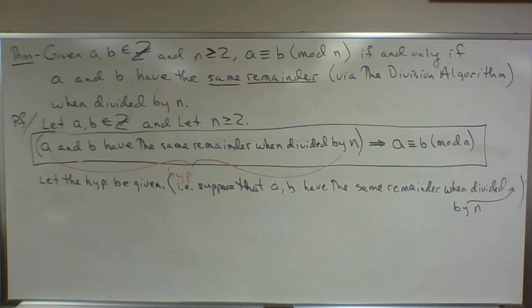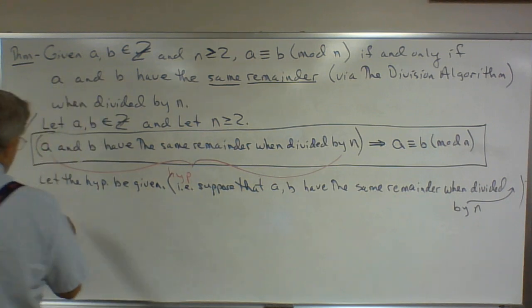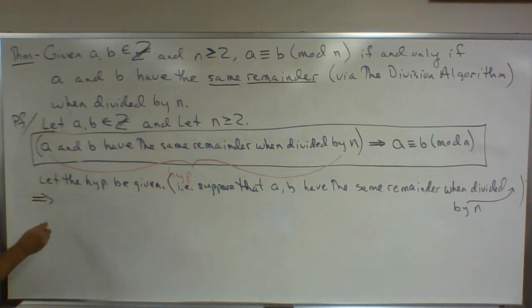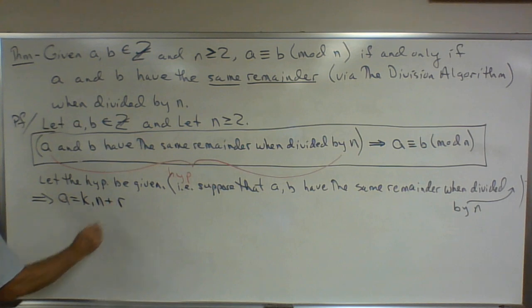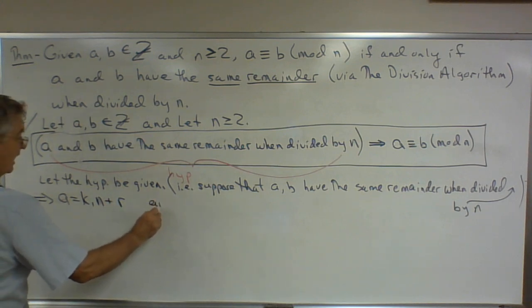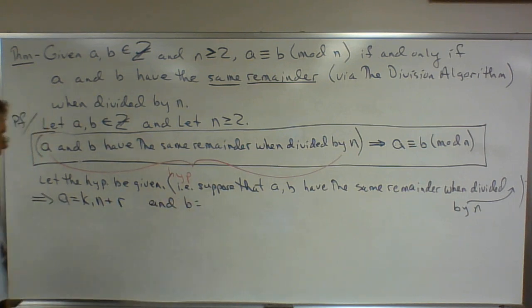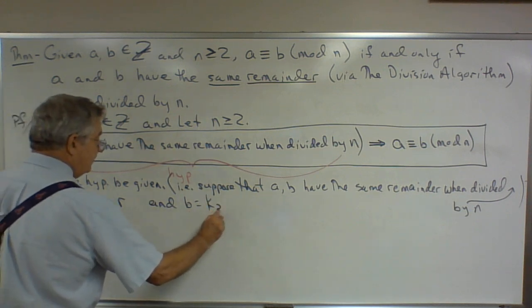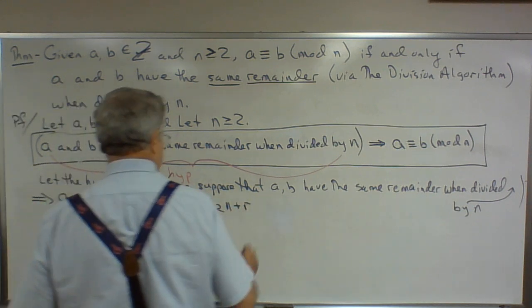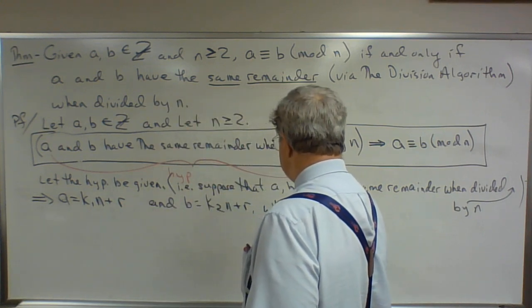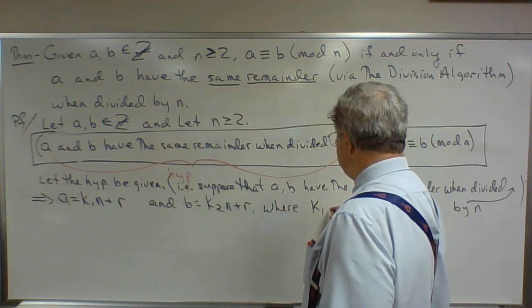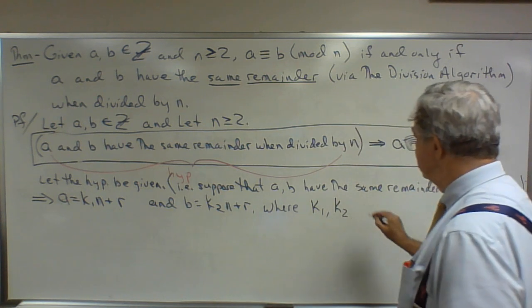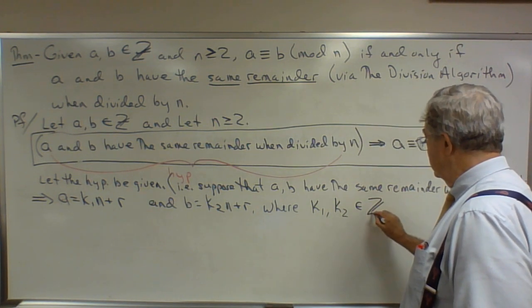Suppose that a and b have the same remainder when divided by n. Okay. And this implies that a is equal to k1 n plus r, and b is equal to k2 n plus r, where k1 and k2 are both integers.